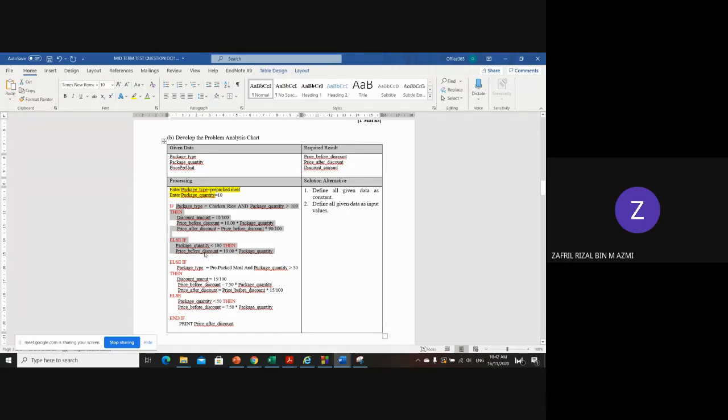Price before discount equal to 10 ringgit, multiply by 10. So this is your answer, which is wrong. This is the intent for the chicken rice, not for the pre-packed meal, but your condition gives a true value for pre-packed meal. So this is wrong. If you want to do like this, you also need to put this one in front.